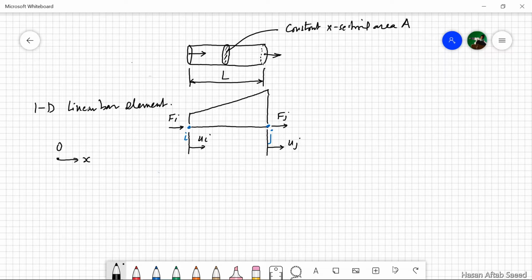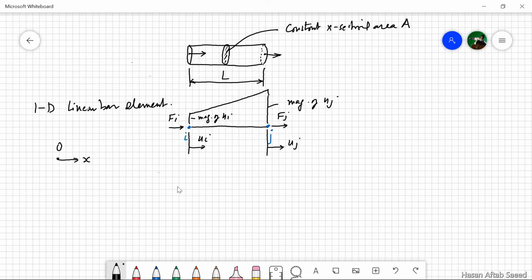If this is ui, obviously ui is in the x direction, but if the magnitude is shown vertically, then ui and the magnitude of uj can only be a linear distribution.